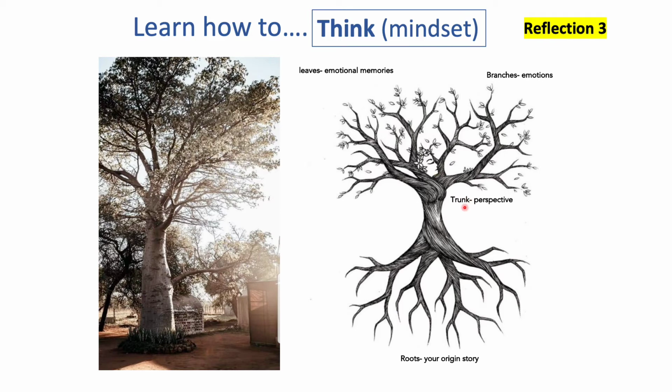Your perspective of life is represented by the trunk of the tree. And when you look at the branches, it represents your emotions. And these emotional memories that connect to the emotions are represented by the leaves on the tree. So all of these components make up your thoughts, and that influences your perspective, your behaviors, and your emotions.